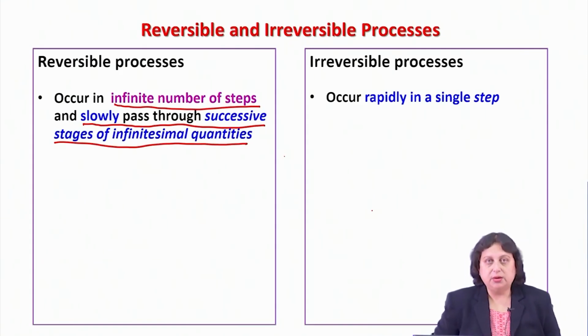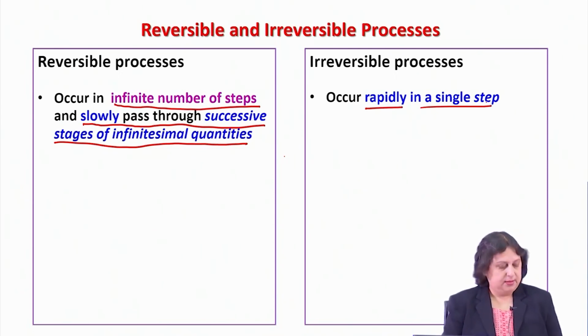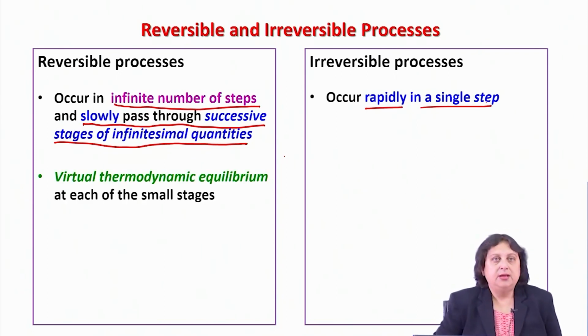Okay, so when I talk about an irreversible process, it is a process that occurs rapidly in a single step. Then, as a result of the different ways in which we are carrying out these experiments, there will be two entirely different situations when I have a reversible process and compare it to what happens if I have an irreversible process.